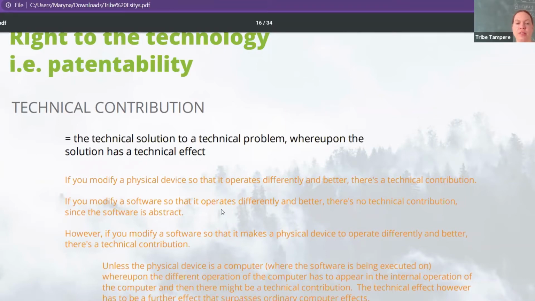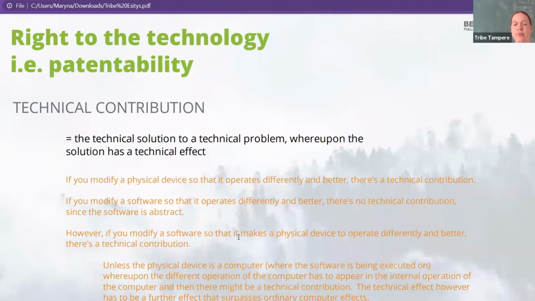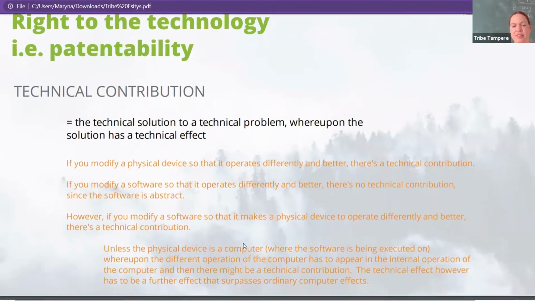But if your software, for example, operates a technical device in order to make it work differently or better, then there's a technical contribution. And also if your software has a technical effect that is something beyond the usual functioning of software, for example, it significantly improves some performance of a part of the computer.